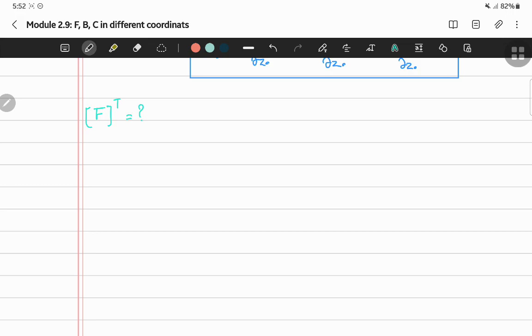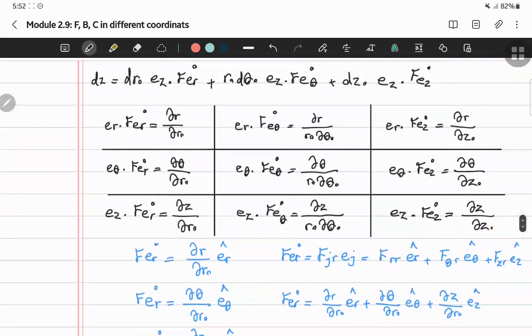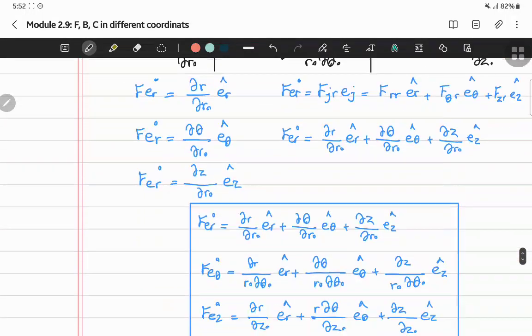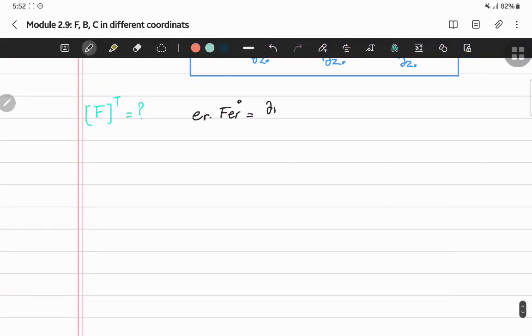All right, so here we have e_R dot F e_R0 from here, which is equal to the partial derivative of R with respect to R0. I'm going to just remove these for the moment. Since this is a dot product, I can write this as F e_R0 dot e_R.